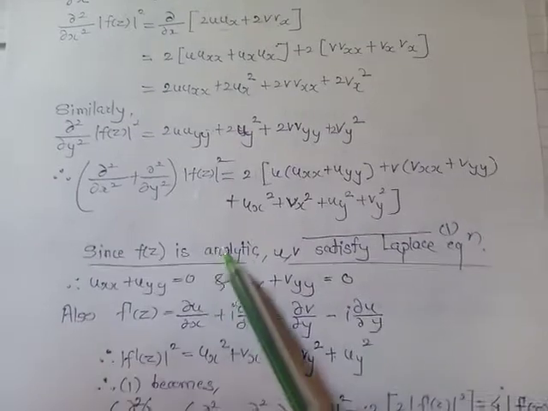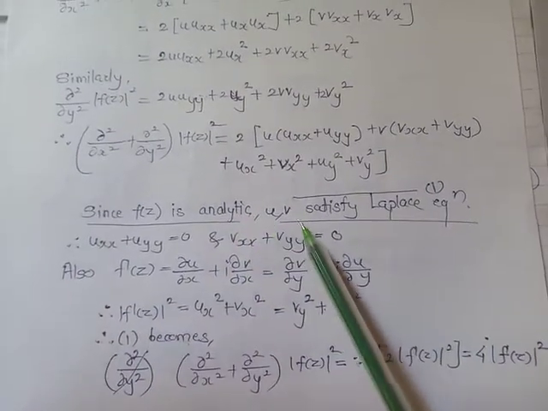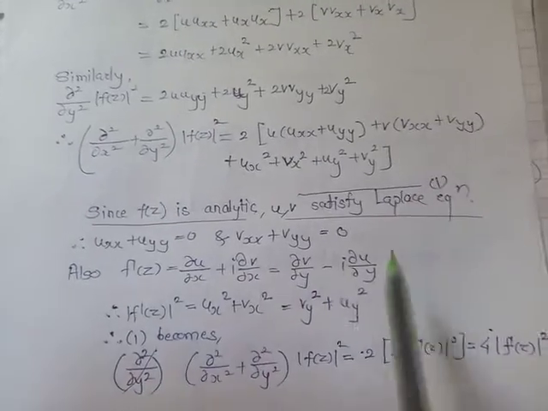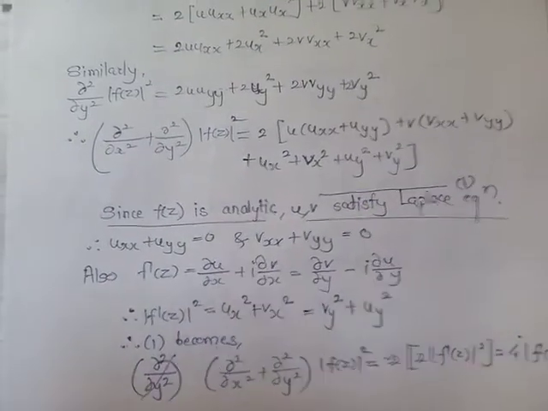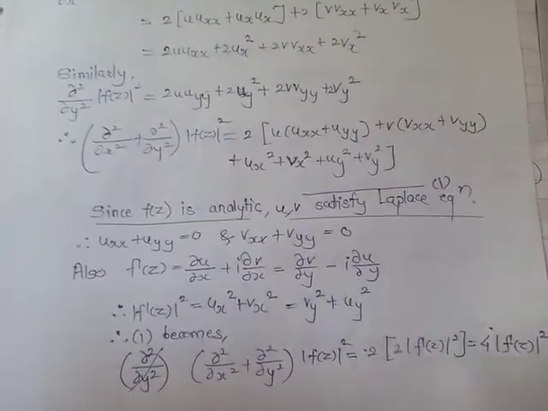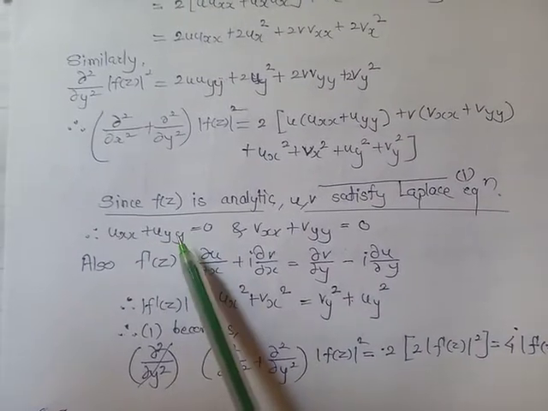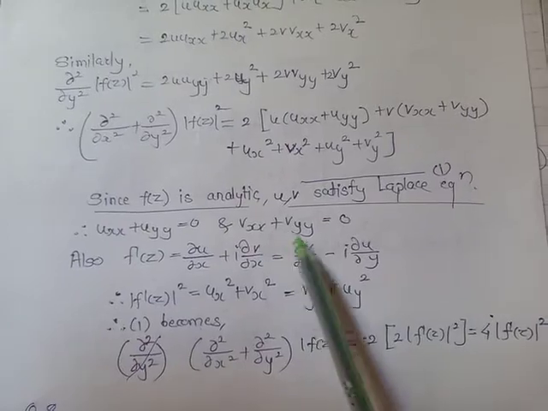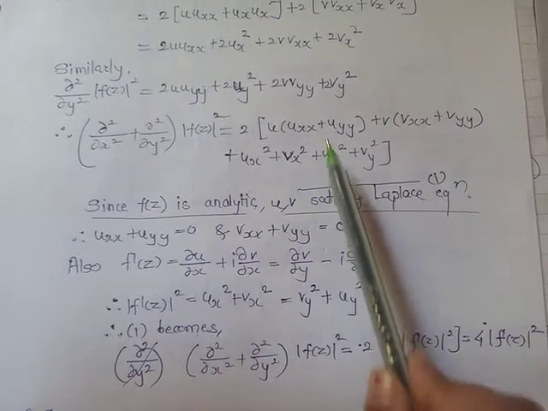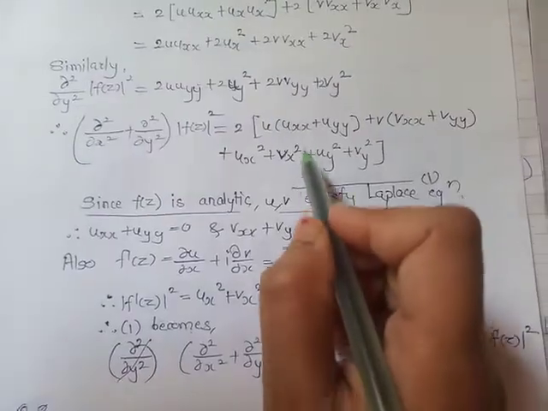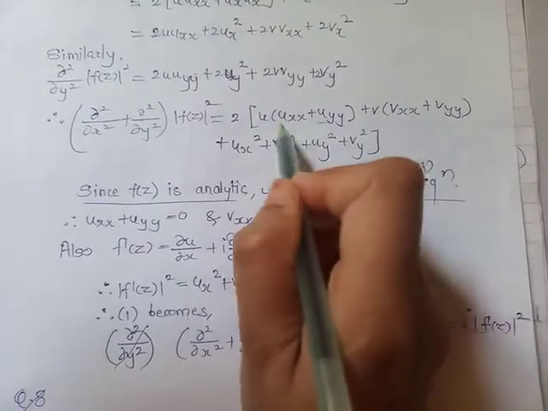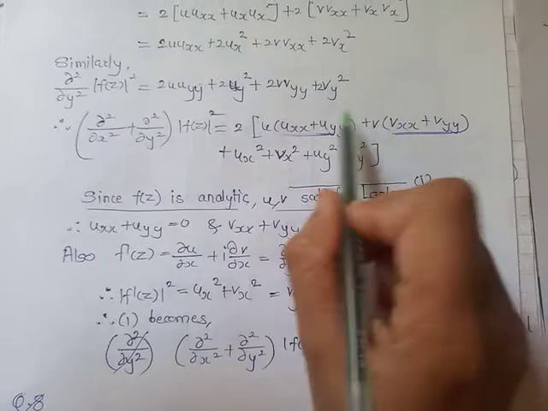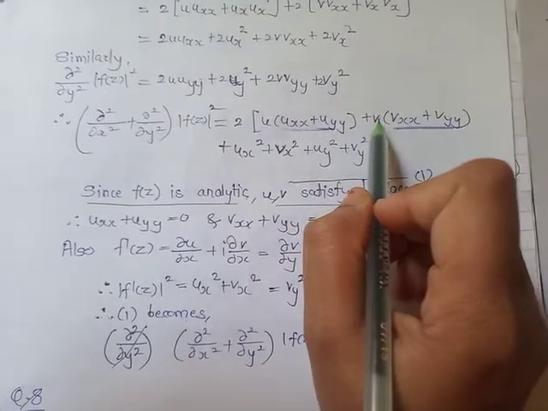But since f of z is analytic function, u and v satisfy Laplace equation, and from this we can say uxx plus uyy equal to 0 and vxx plus vyy equal to 0. So these two terms will become 0 since the function satisfies Laplace equation.